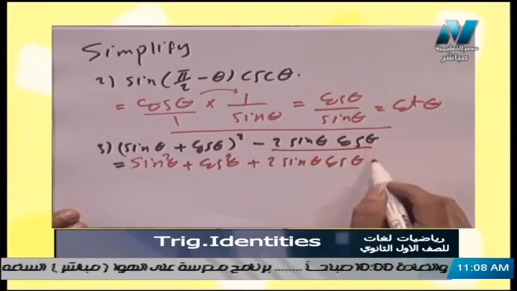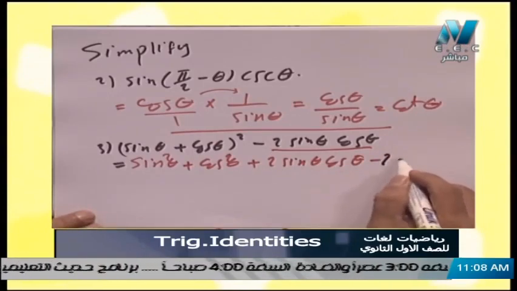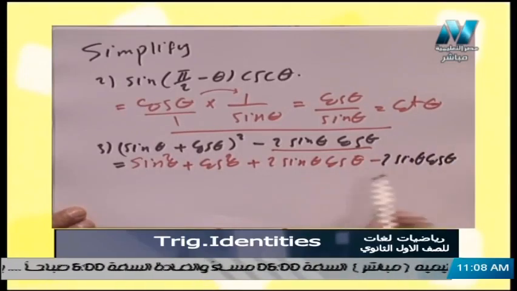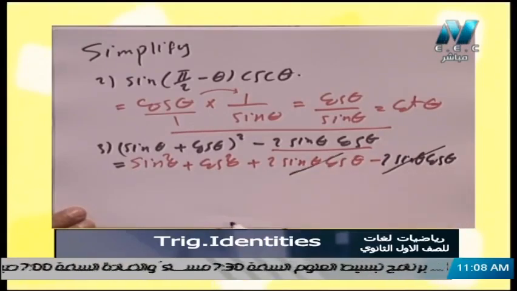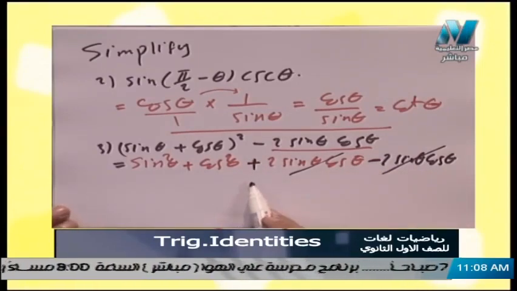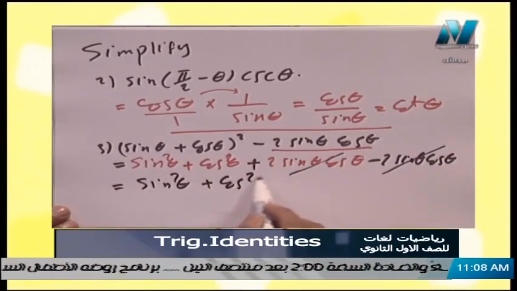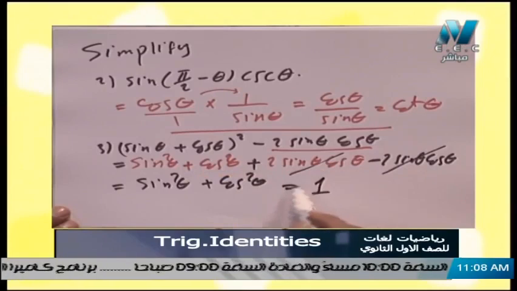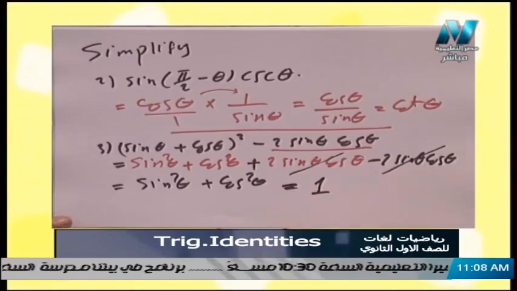Don't forget it, and we already have minus 2 sine theta cosine theta. Now we can cancel the negative 2 cosine theta sine theta with the positive one, so the sum equals 0. We also have sine power 2 theta plus cosine power 2 theta, which equals 1. So the simplest form is 1.